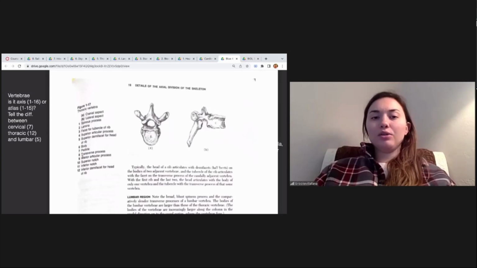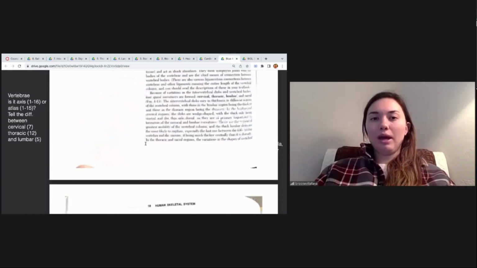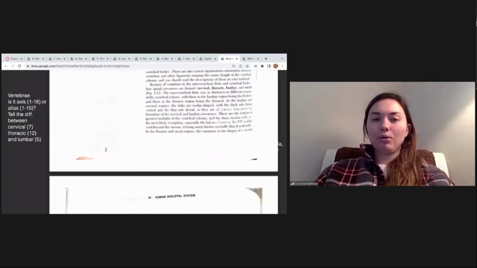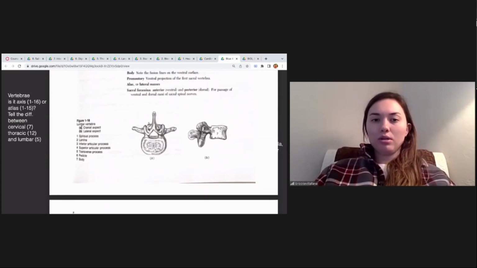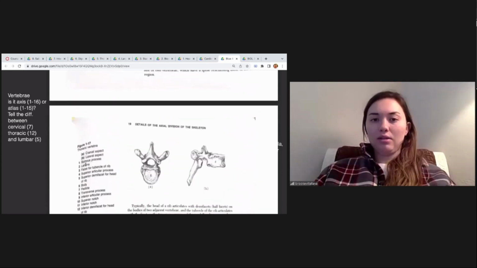I would tell you that the thoracic vertebra is probably your best one to look at because we have everything that's on the typical, but a little more. So take a close look at the thoracic vertebra for the parts. Again, the other ones are going to have fewer things than the thoracic.